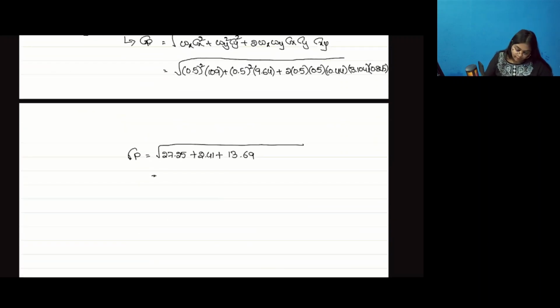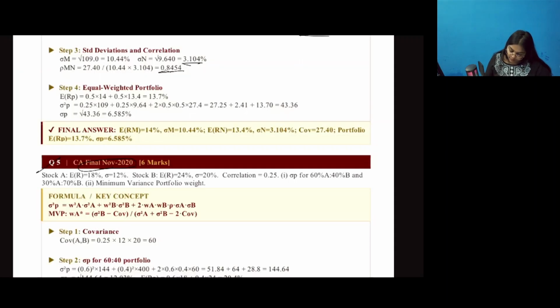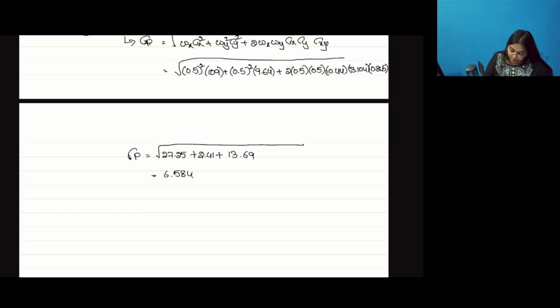So 13.69 plus 2.41 plus 27.25, total of 43.35, square root will be 6.584. So risk of portfolio is 6.584%.